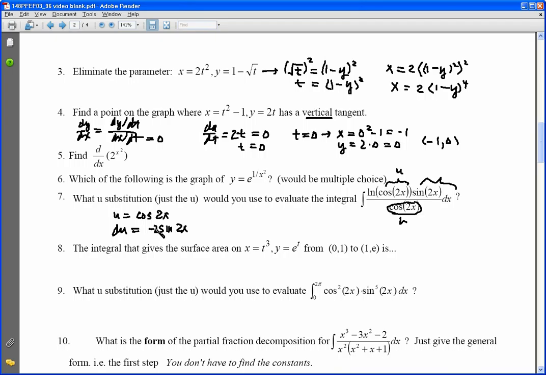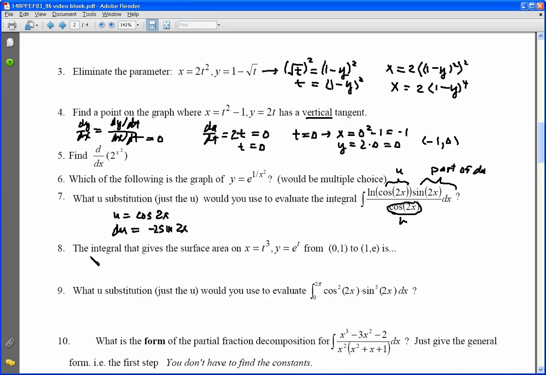Actually, I guess we'd need a negative 2 in there and a negative 1/2 on the outside. But yeah, this would be part of the du, so you'd have a little bit of multiplying to do. But everything would work out fine there. So just identifying a substitution.